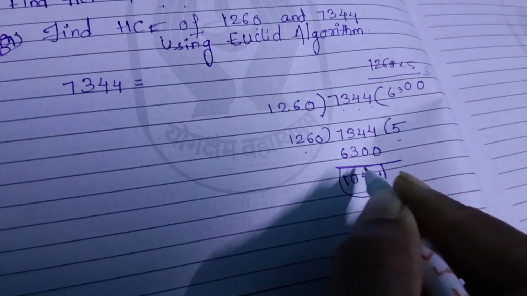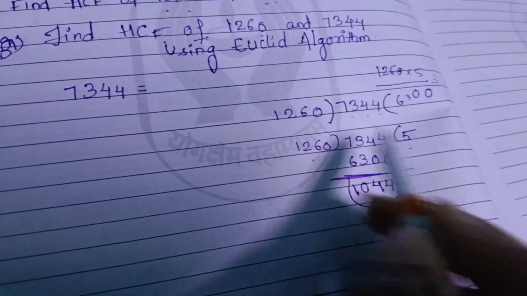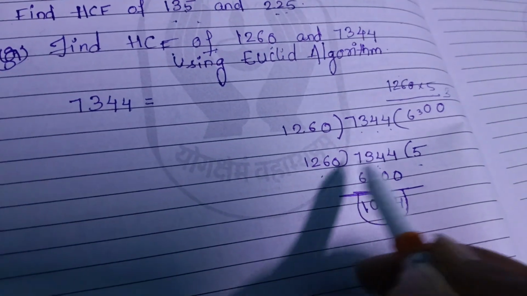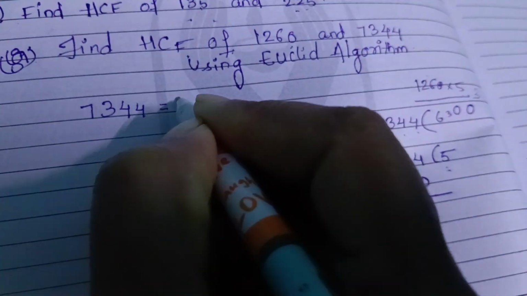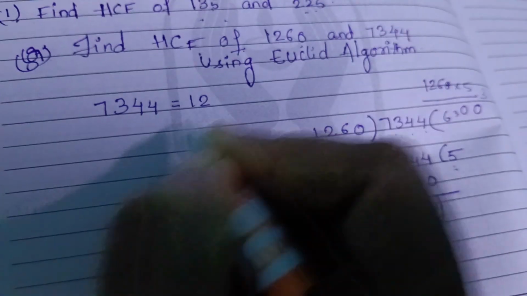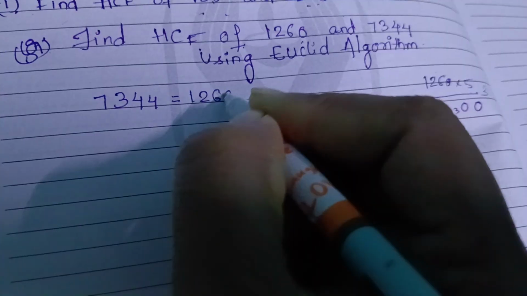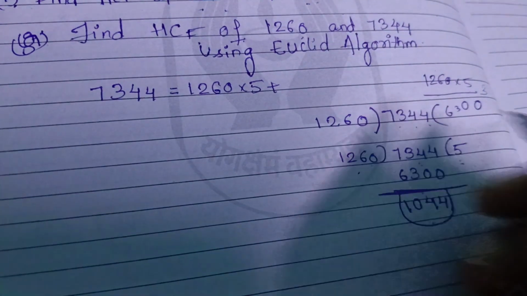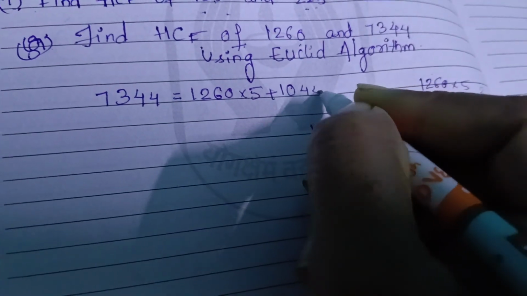What is Euclid's division algorithm? This is the one: dividend is equal to divisor into quotient plus remainder, right? So 7344 equals 1260 into 5 plus 1044, right?